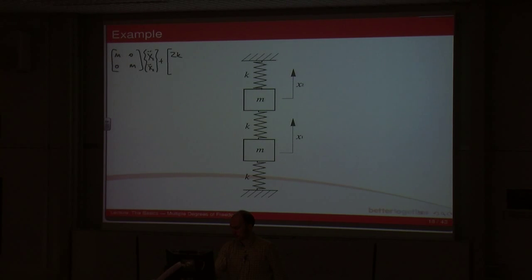For the second diagonal, it's obviously the same thing, 2k. And then here we've got minus k and minus k, the minus sum of the stiffnesses between mass 1 and another mass. So x1, x2. It's unforced, so this is obviously equal to 0, 0. There's our equation of motion straight away. No need to go through Newton's second law at all.